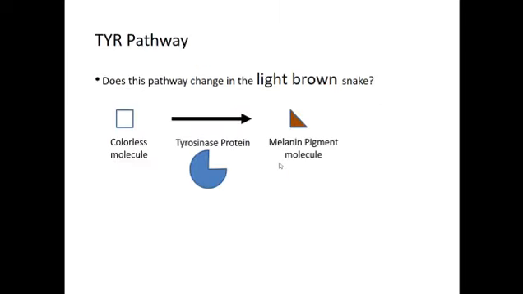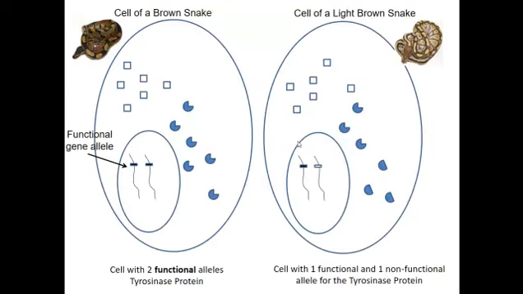Remember, in order to get a light brown snake, we need to be getting some of this melanin pigment molecule. We've got a colorless molecule here. But what we notice, it's a light brown snake. So what does that mean? How could we use our model to explain we're not getting quite as much melanin as normal? Well, let's go ahead and take a look.